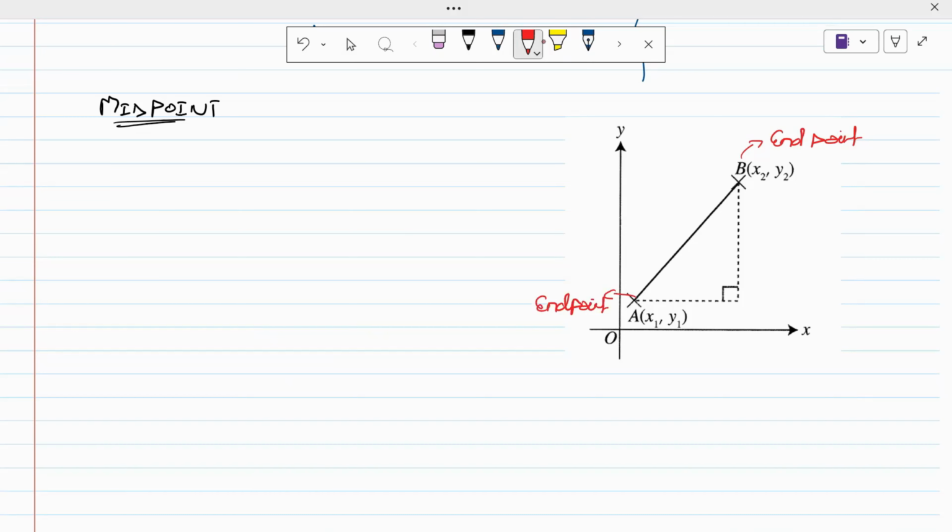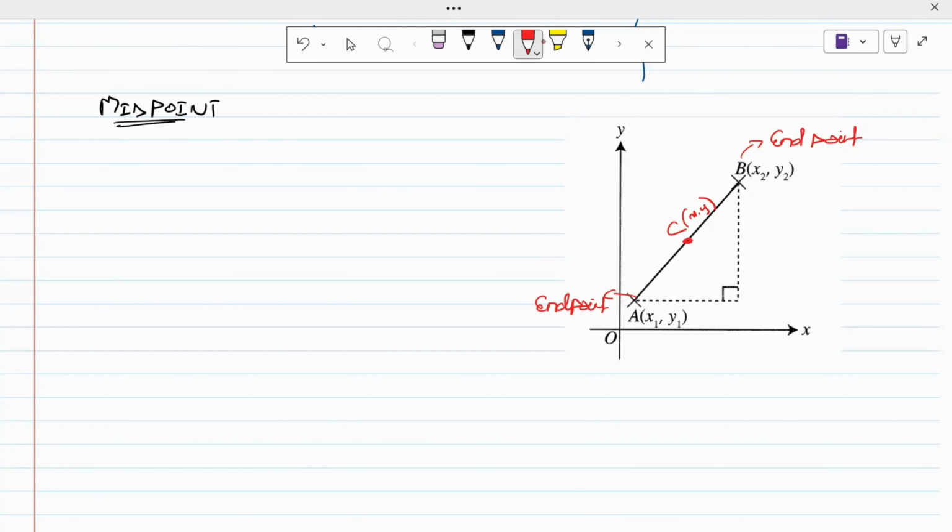What if we have to find a point which is exactly in the middle of these two endpoints? Let's suppose we have a point here. It is exactly in the center, in the middle of the two endpoints, and we call this point C. And we are interested in finding the coordinates of this point C, x comma y.